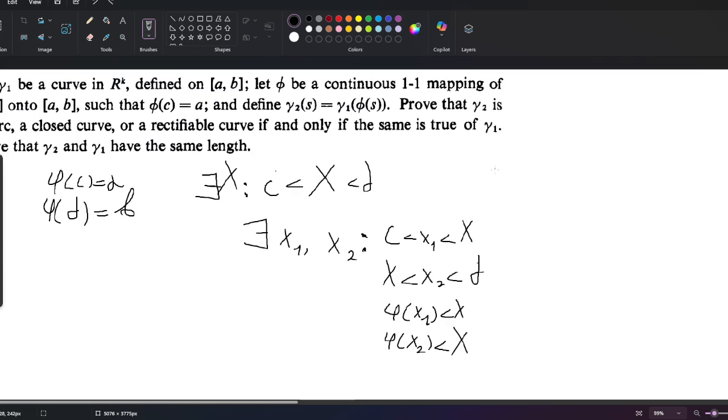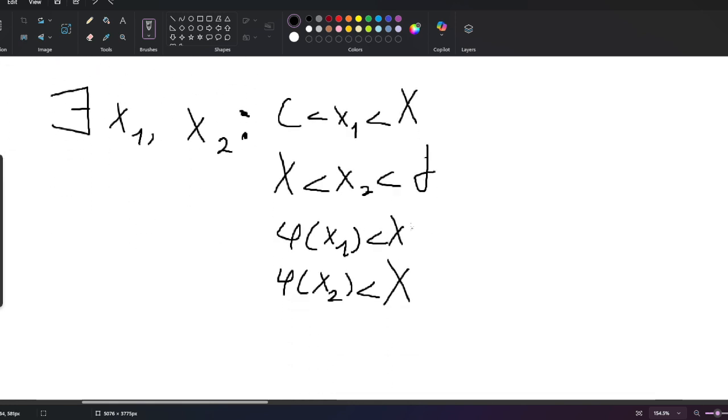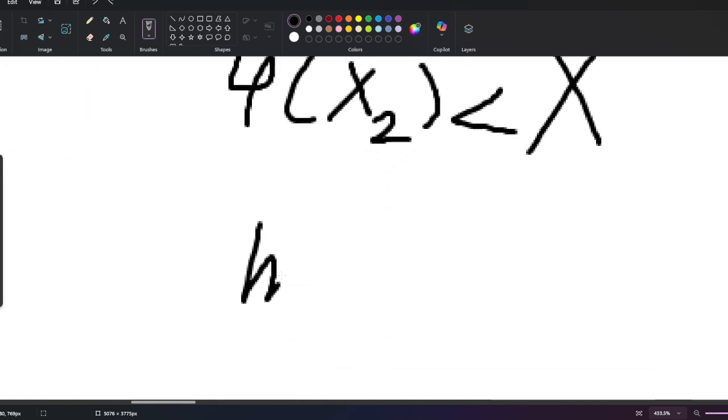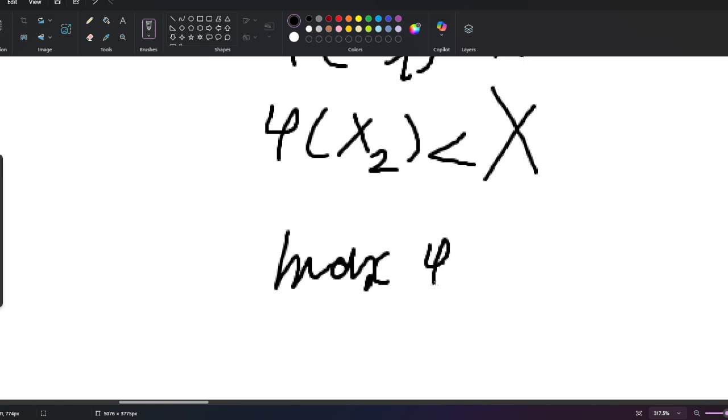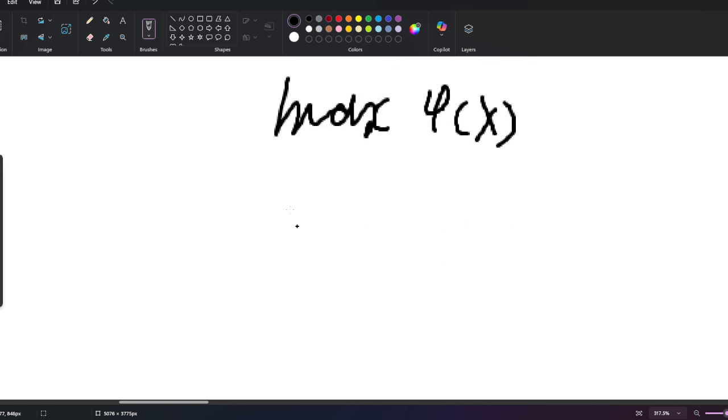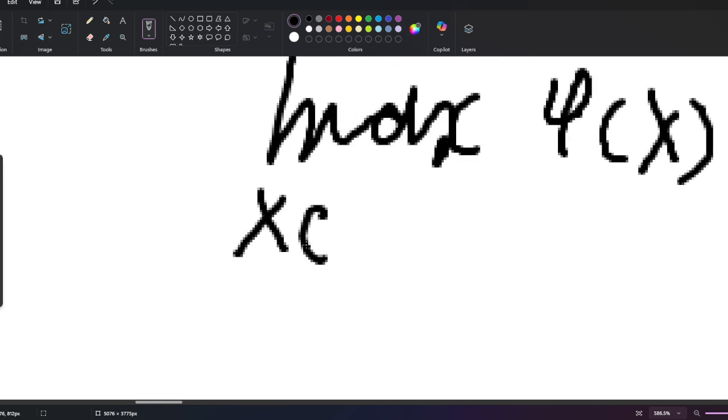Well, now I'm going to show that that's not possible because, first of all, let's take the maximum of phi of x, for x belonging to the set consisting of x1 and x2.